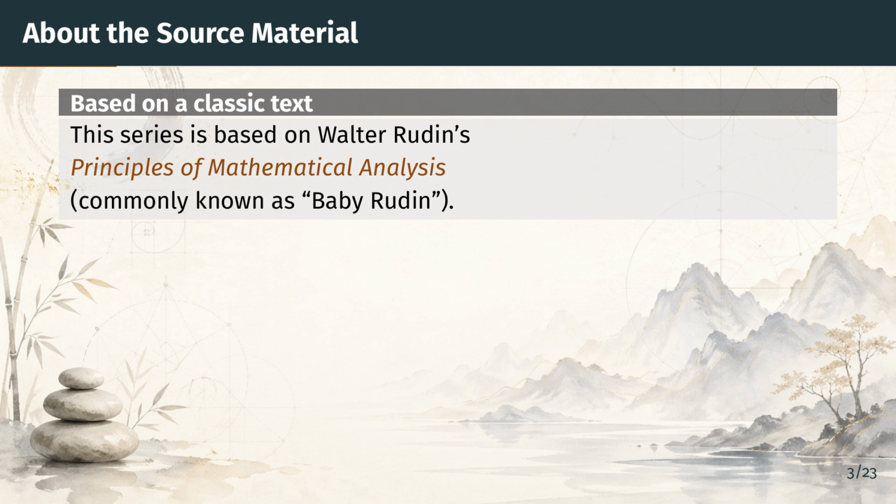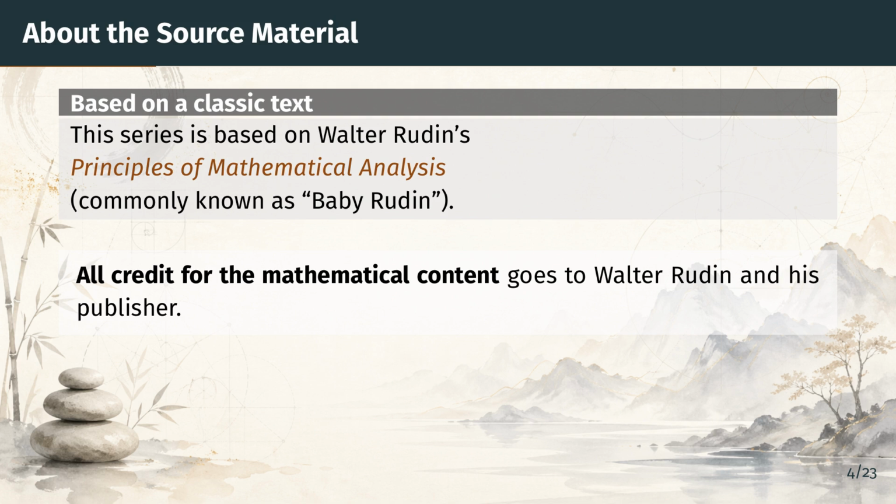It has been a standard reference for undergraduate and early graduate analysis for more than half a century. All credit for the mathematical content, the definitions, the theorems, the proofs, and the overall structure goes to Walter Rudin and his publisher. This series does not replace the book. It is a companion to it.